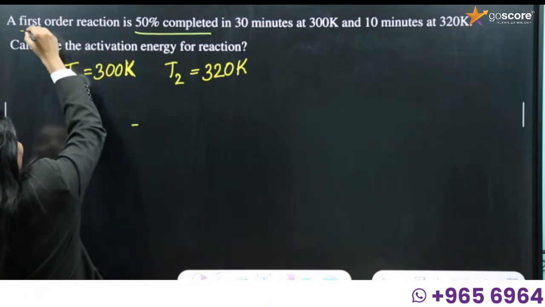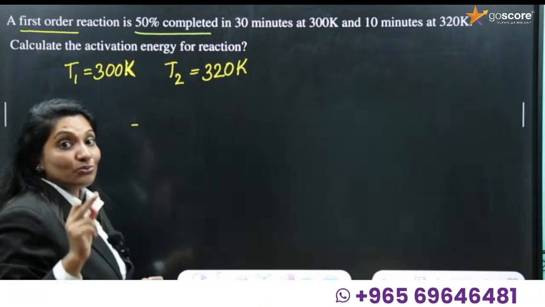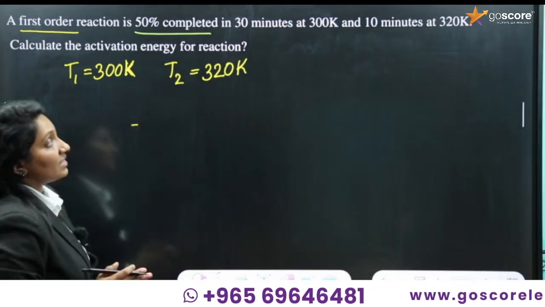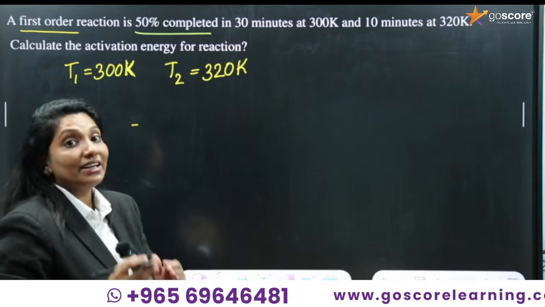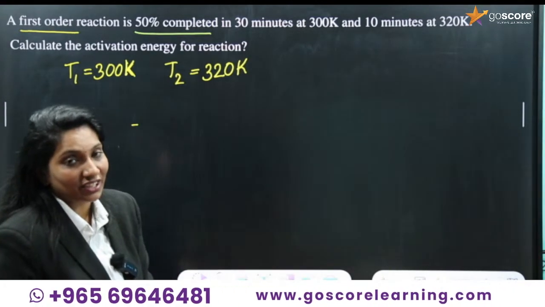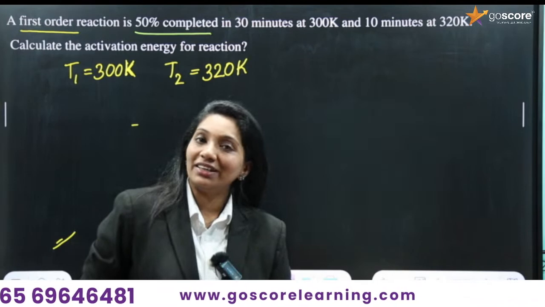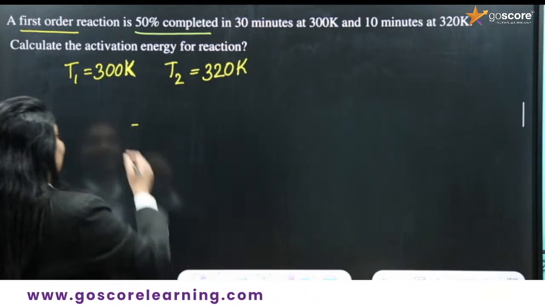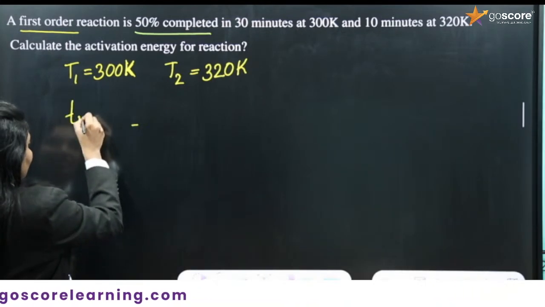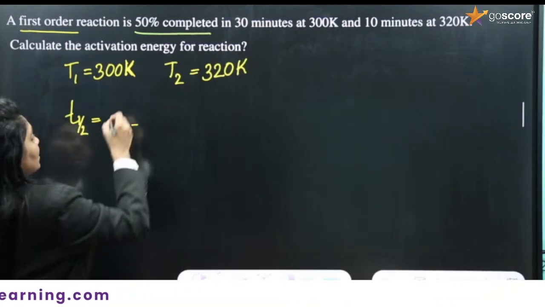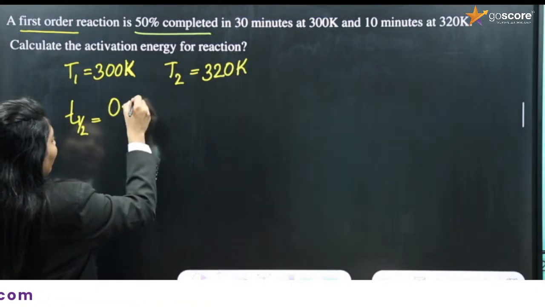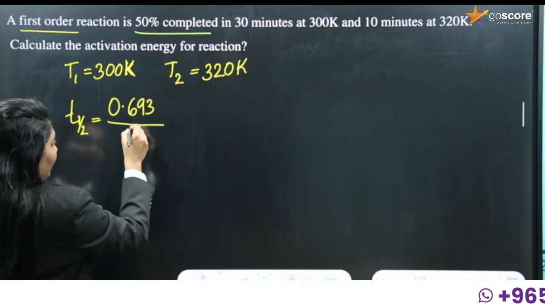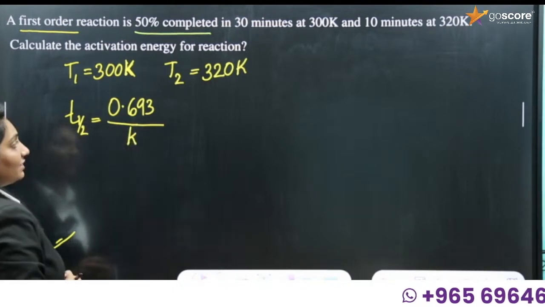So it is clearly mentioned that it is a first order reaction and 50% completed means it is the half-life of the reaction. What is the equation for finding the half-life of a first order reaction? T half is equal to 0.693 divided by K, right?